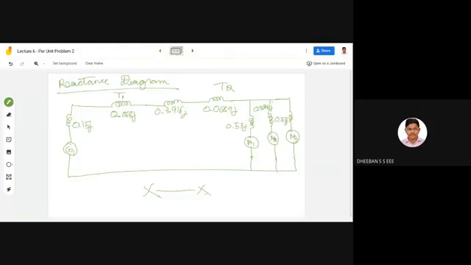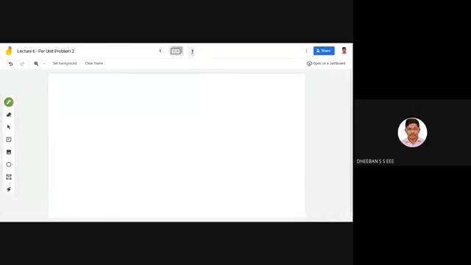You just write it on your own. I'll be drawing the single line diagram. I think this is your fifth problem, as the fourth problem is completed. So you just try it by yourself and come with the answers.